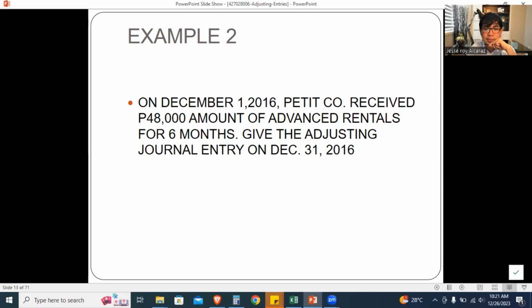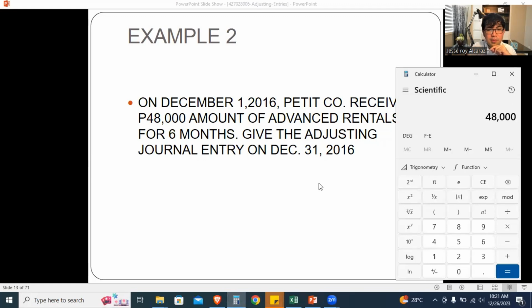Kita dai si Pitit tapos nakadawat ta og advance rental amounting to 48,000 good for 6 months. Take note, nadawat niya December 1 and then we have to make an adjusting entry for December 31. Therefore, pila ka bulan ang nilabay? The answer is 1.